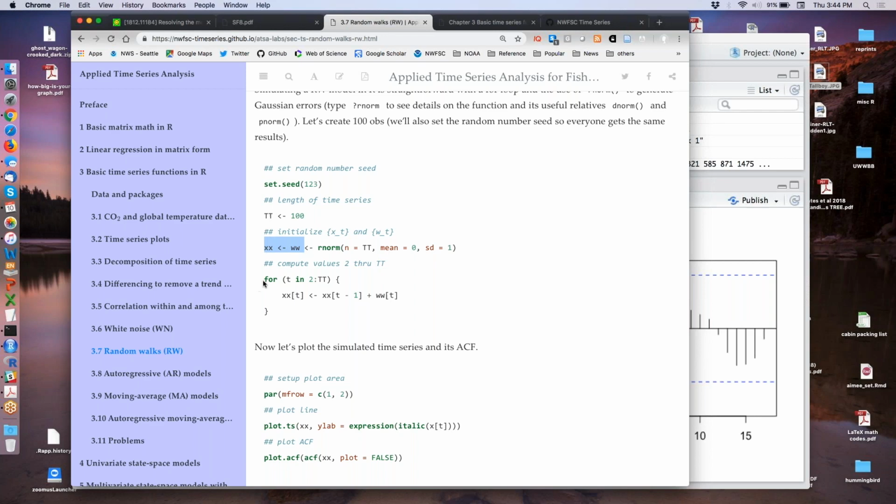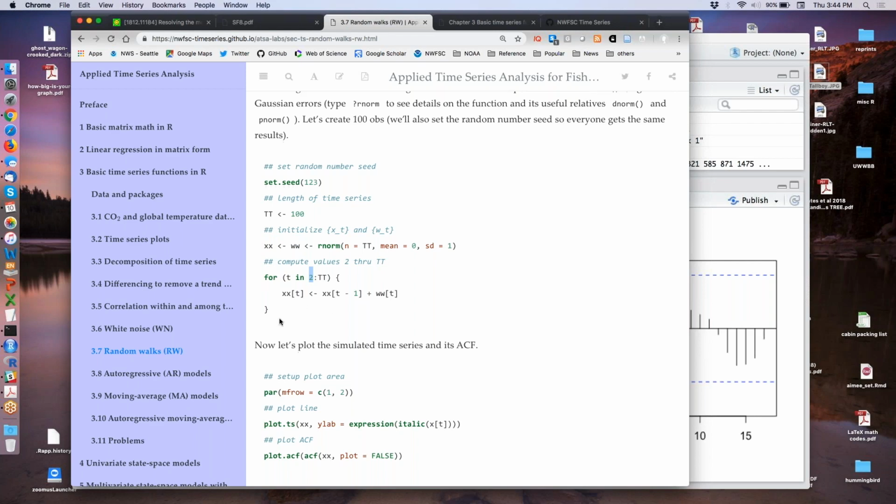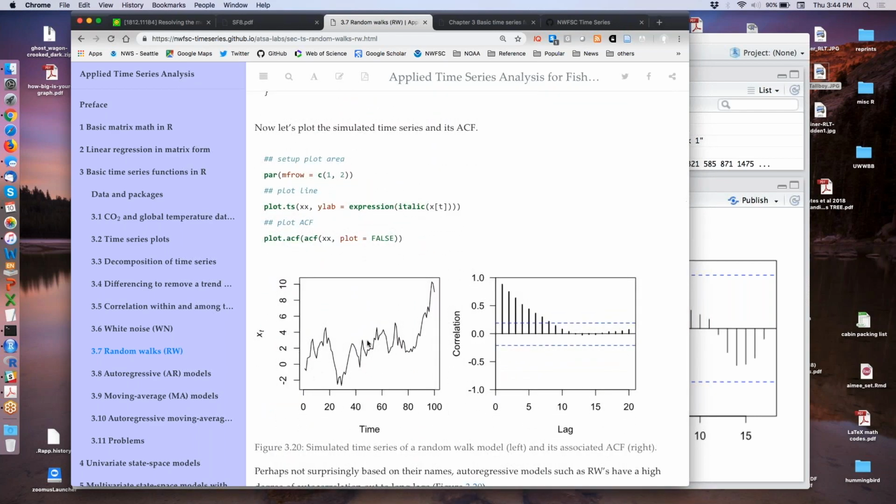I could have called it anything. So X of 1 gets W of 1. That's the way this is working. Here I run this loop from 2 to the end, and then you plot it, and here's a random walk, and there's the autocorrelation of this random walk with this long, slowly decaying ACF.